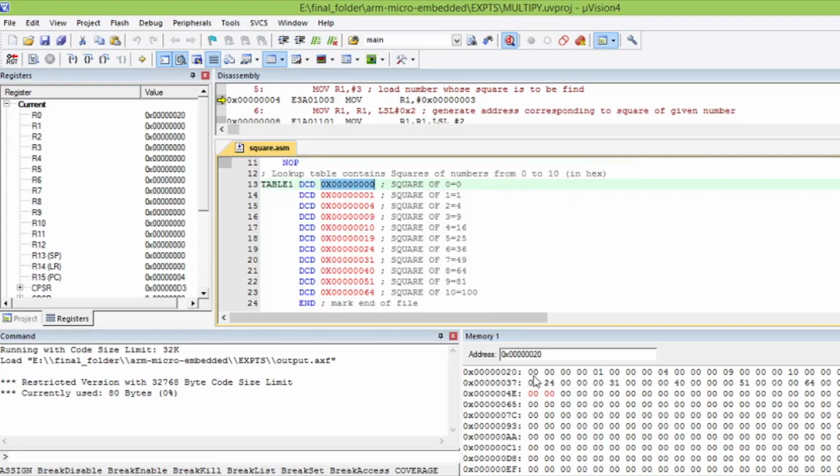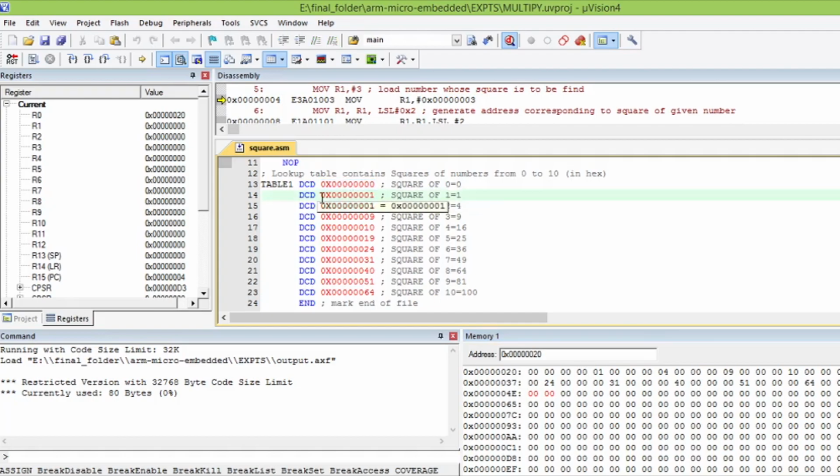Because it's 32-bit data and each location occupies 8 bits or 1 byte of data, so 8 into 4 is 32. So that's why we have 1 2 3 4. Okay, 4 locations are used to store the very first data.